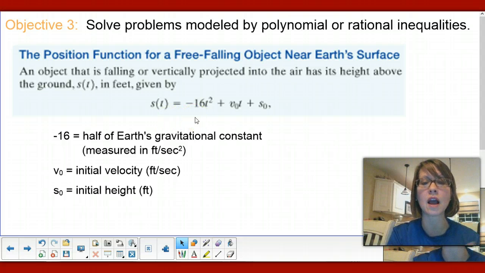Any position, any height could be modeled by this -16t squared plus V0 t plus S0. Okay, naught is a word that means nothing or 0, like the expression, it was all for naught.